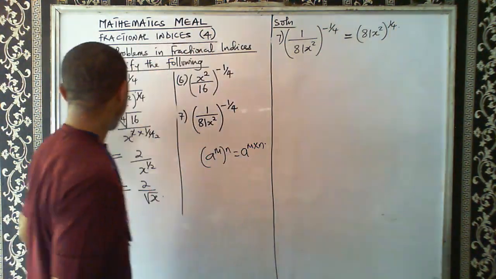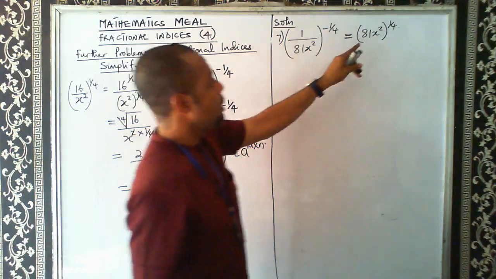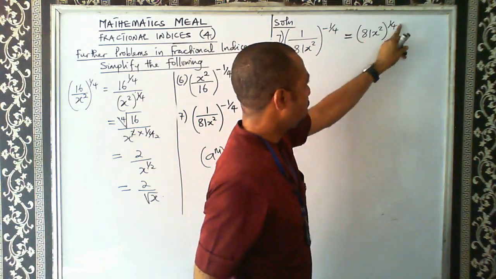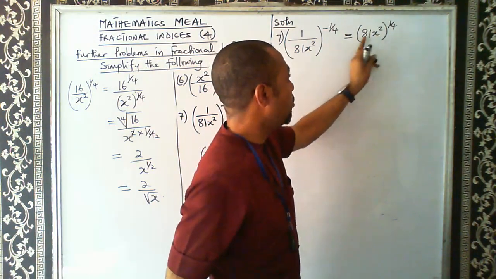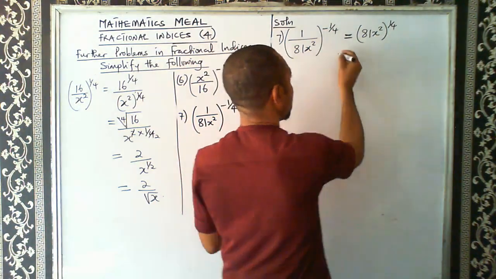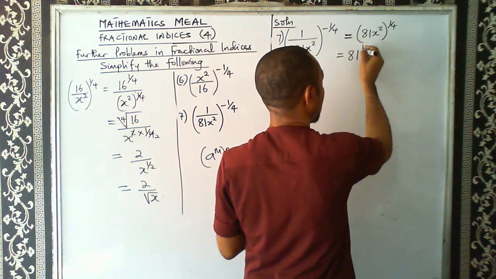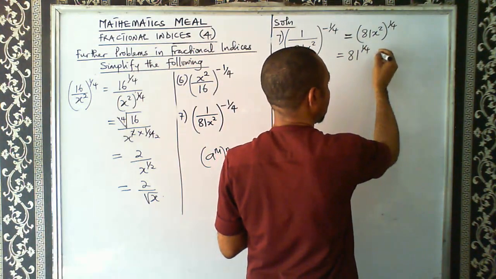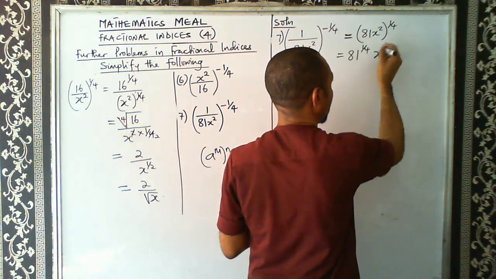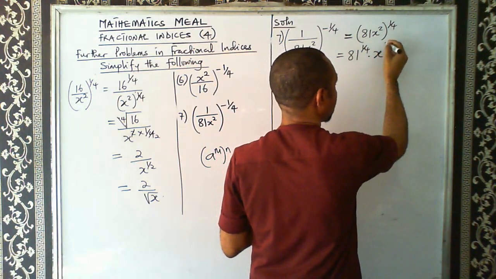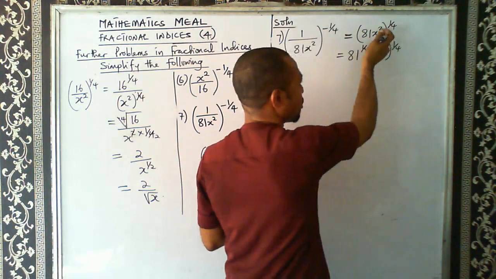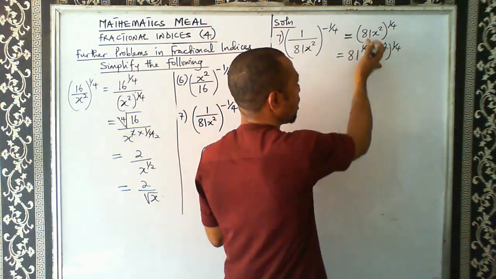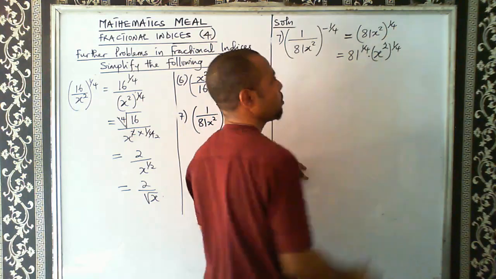So if I decide to apply this technique here now, this 81 has this power, and this x squared also has this power. So the power can be distributed to the two of them. We are going to have 81 raised to power 1 over 4, times x raised to power 2, all raised to power 1 over 4. Because this is x squared, and it's also raised to this power, and this 81 is raised to this power.